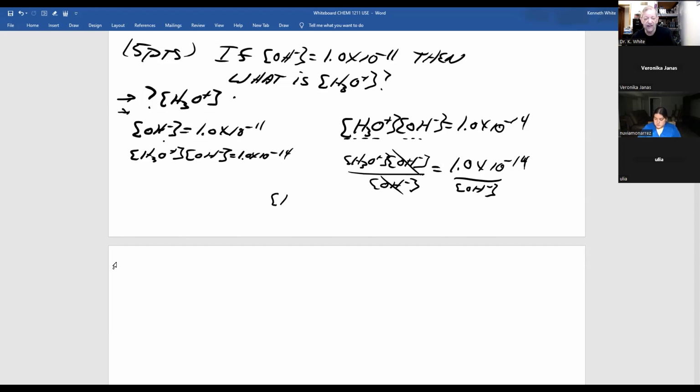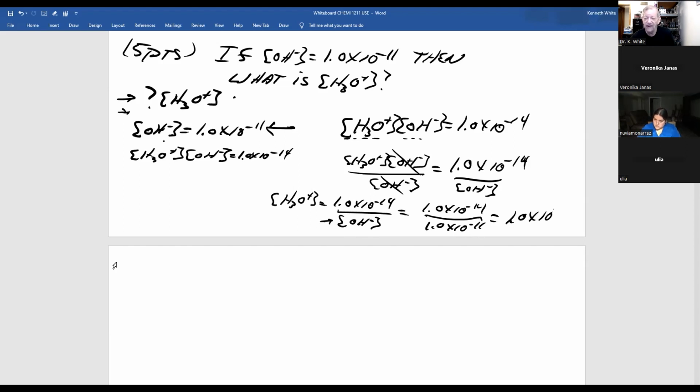So I'll rewrite this: H3O plus equals 1.0 times 10 to the minus 14th divided by the hydroxide ion concentration, OH minus. I'll rewrite the top, this number. Well, we were given that, so I'm going to write that in. And if you put this in your calculator, remember Dr. White can do this in my head, it's 1.0 times 10 to the minus 3. And that's how you do it.